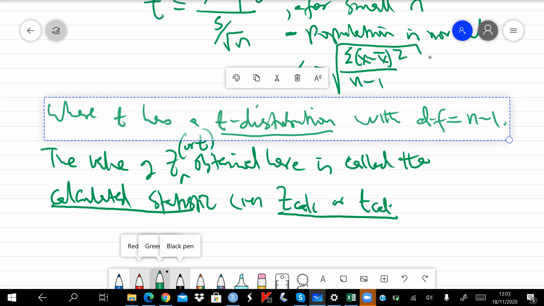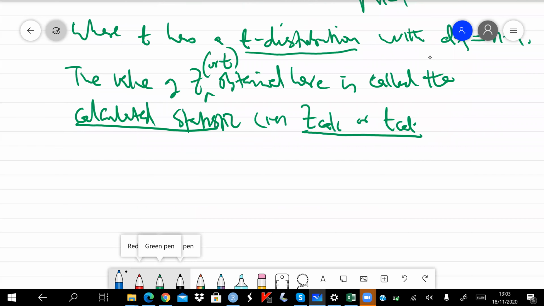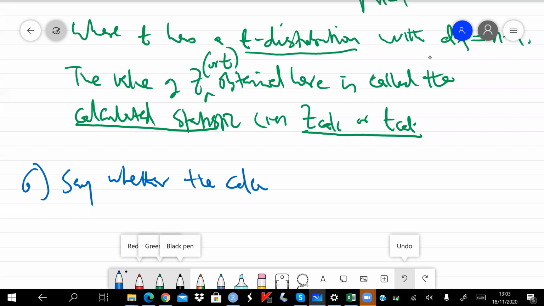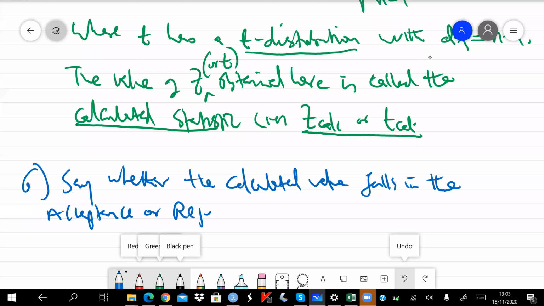Then finally, step number 6 in hypothesis testing, this is when you make your decision now. You say whether the calculated value falls in the acceptance region or the rejection region.